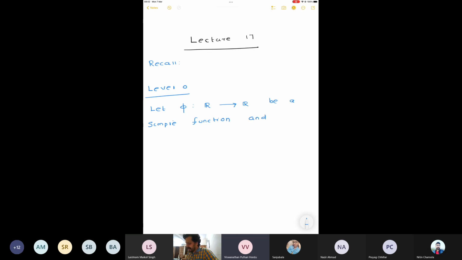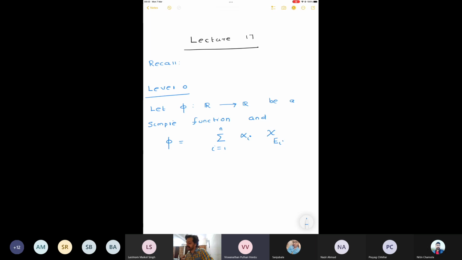And let us say phi can be written as the summation i equal to 1 to n of alpha i chi E_i. You can always write a simple function in this form, perhaps in the canonical form, or in a form like this where we don't require alpha 1, alpha 2, etc., alpha n to be distinct and E1, E2, E3, etc., En to be disjoint.